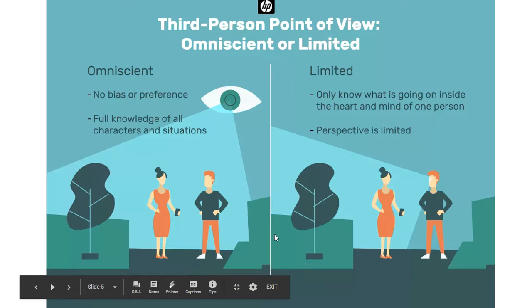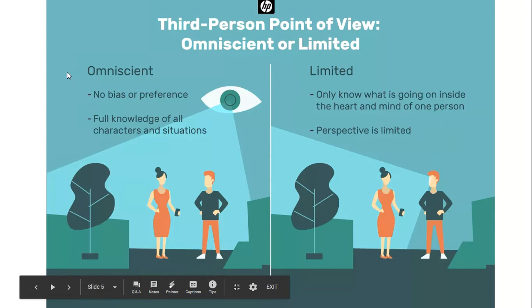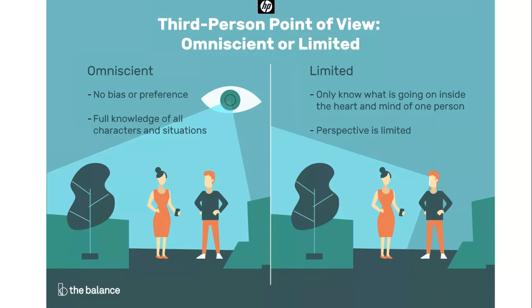There are 2 different third person points of view, omniscient and limited. Omniscient narrator or point of view, there's no bias or preference, and they have all the knowledge of all the characters and everything going on. So with an omniscient third person point of view, you're going to get the whole story from different characters' perspectives.